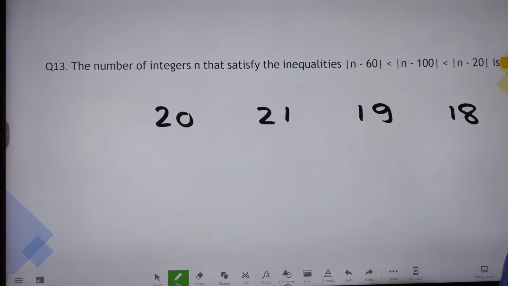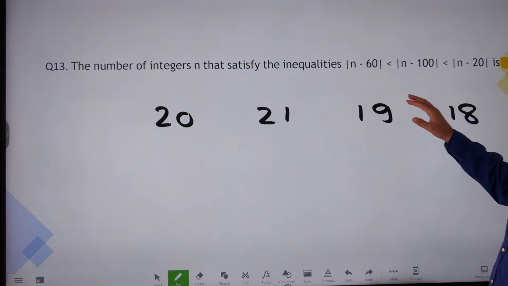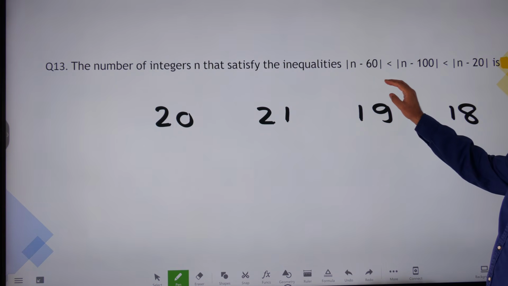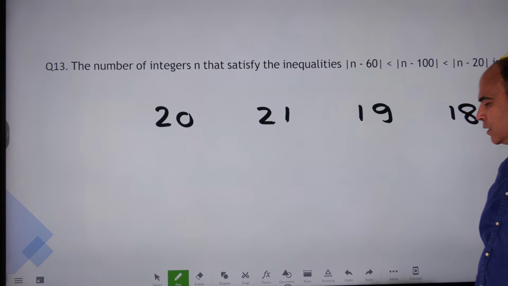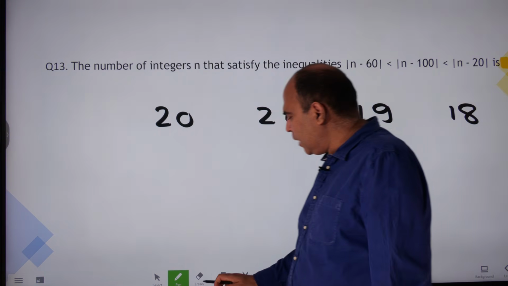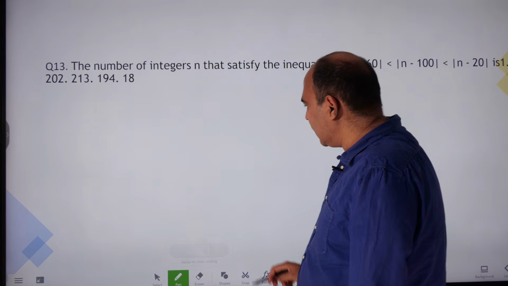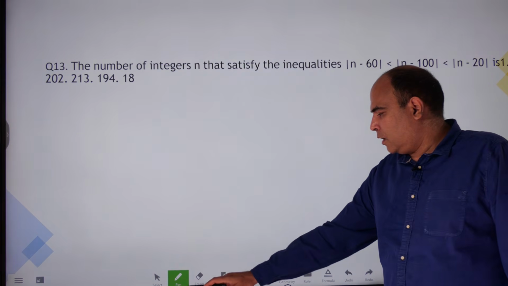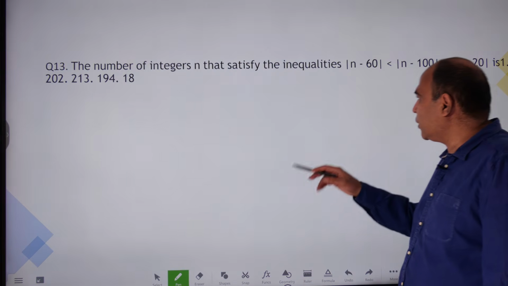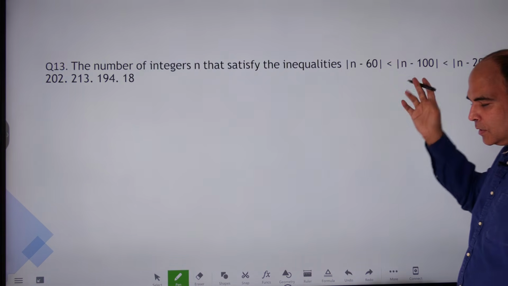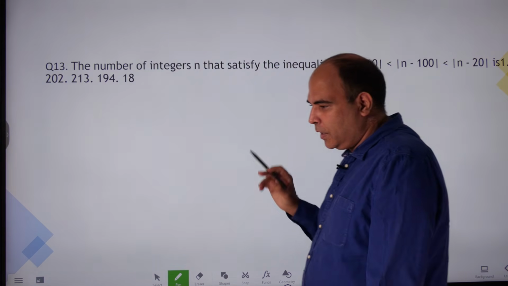The next question is asking us the number of integers that satisfy the inequalities mod n minus 60 less than mod n minus 100 less than mod n minus 20. Now you can try to get technical about this, that when n is less than 60, that's the normal reaction. If you see any situation, something less than something less than something is actually two inequalities, a, b, c.